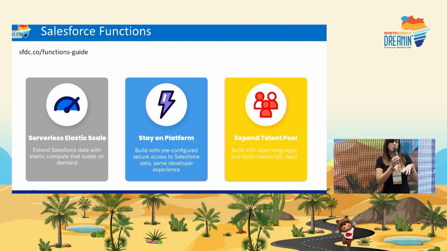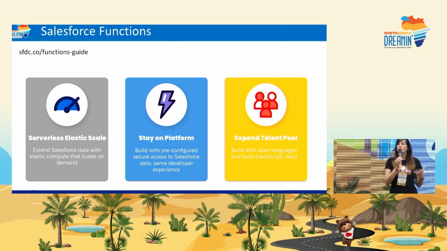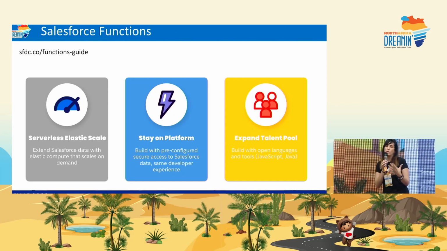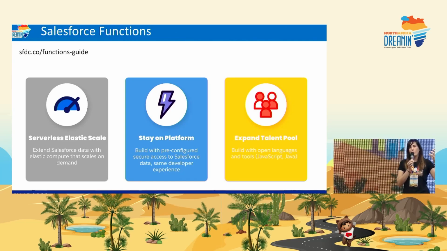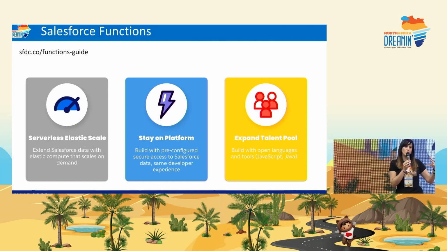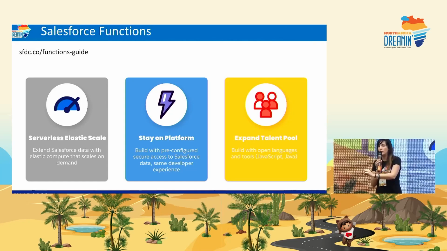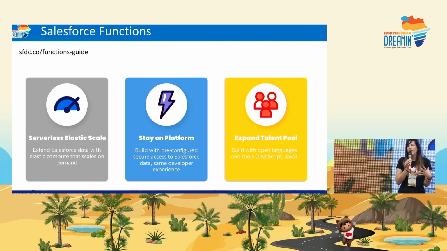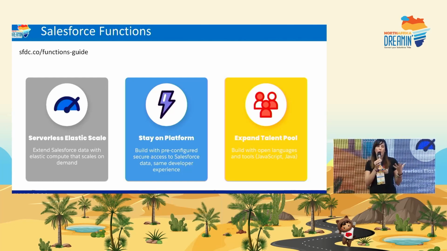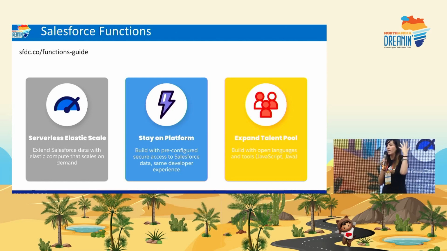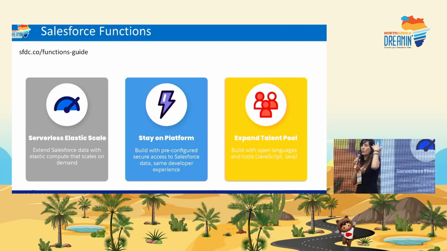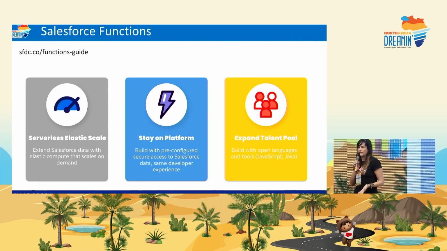Under the hood, they are using a different, new infrastructure that is built with Kubernetes. But the communication between the Salesforce core platform and the new infrastructure has been set up in a way that is completely safe for our customers. So you don't have to take care of securing all your callouts to an external function system.